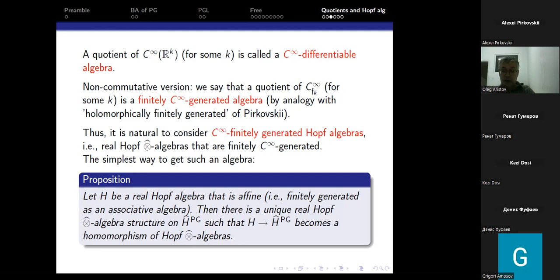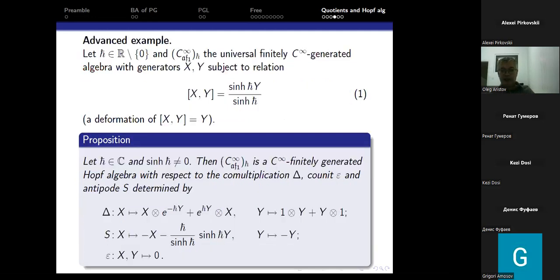But finally, I show you some advanced example. Take some parameter h bar, that is a real number that is not zero, and denote by C infinity af1 h bar. af1 means the Lie algebra of the Lie group of affine transformations of the line, which has two generators x and y with this simple relation: the commutator of x and y is y.